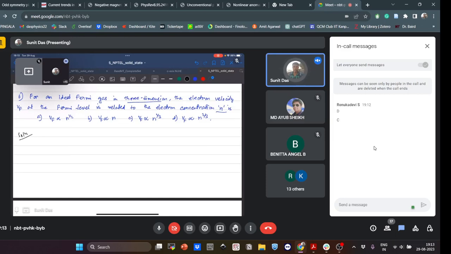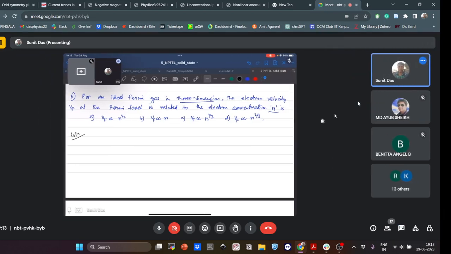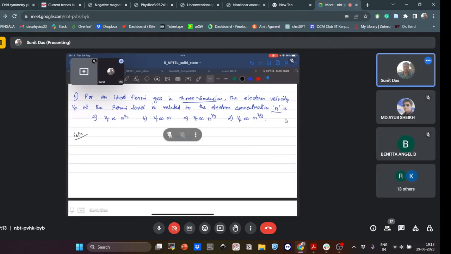Okay, so let's solve it actually. For a 3D system, the Fermi energy expression can be derived, but I'm not deriving it here. So E_F is h bar square by 2m times (3 pi square n) to the power 2/3.